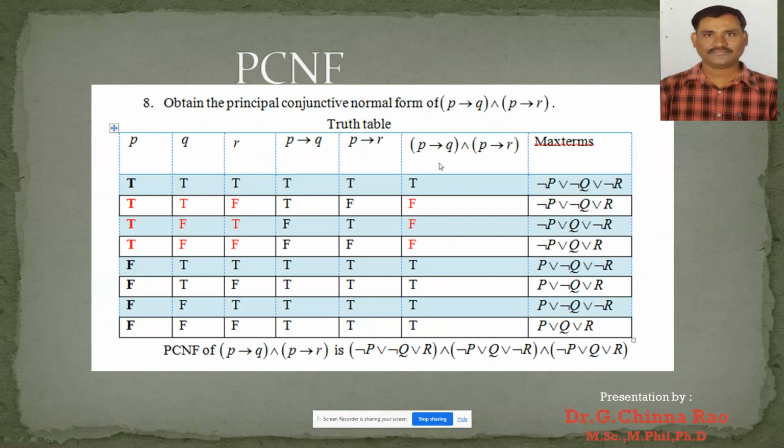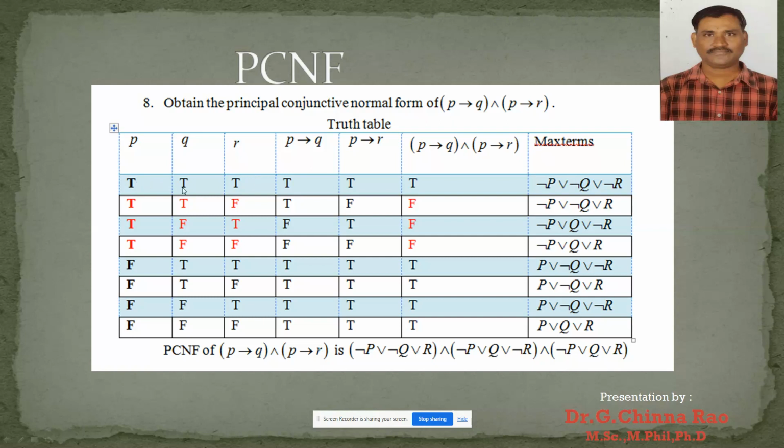To construct PCNF, you have to form a truth table and also write max terms. To get max terms, their combination should be false. That means their disjunction is false. So to get disjunction false, both are false.